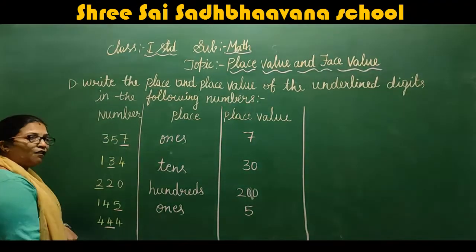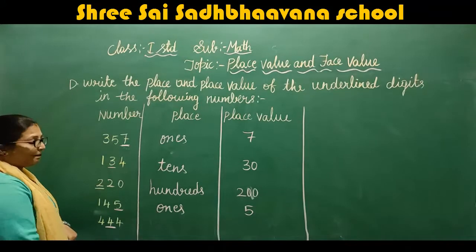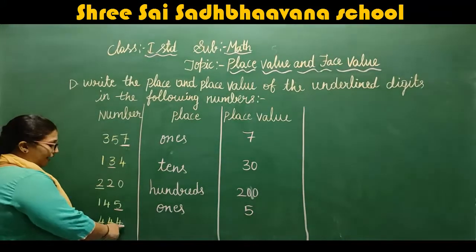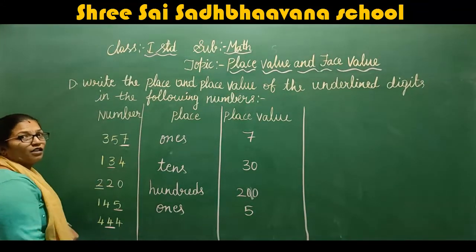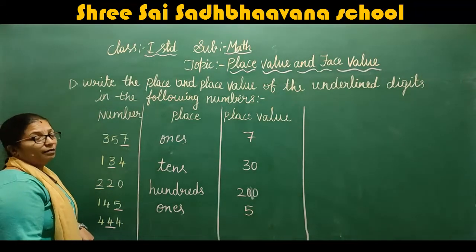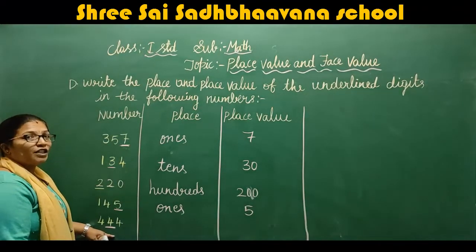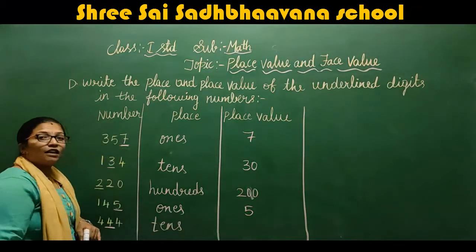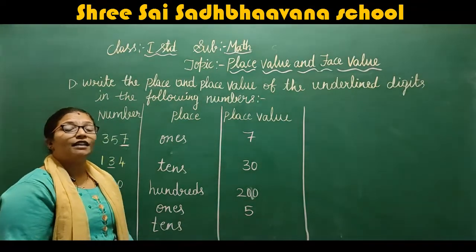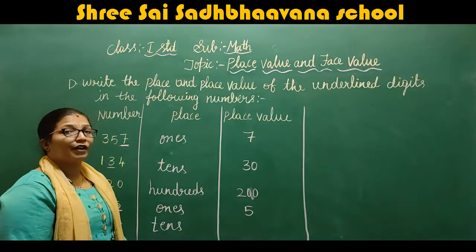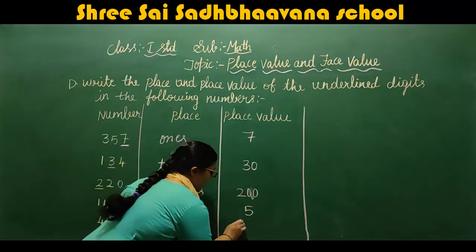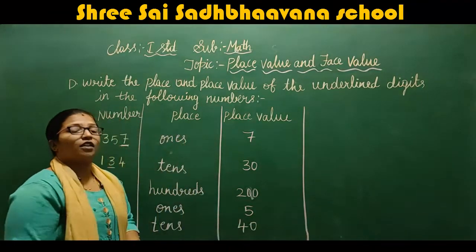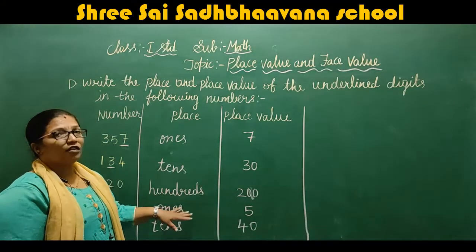The middle 4 is underlined. 1, 10, 100. In which place is it? It is in the tens place. So 4 tens are 40. What is the value? 40.